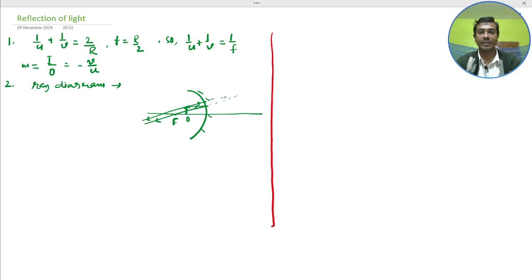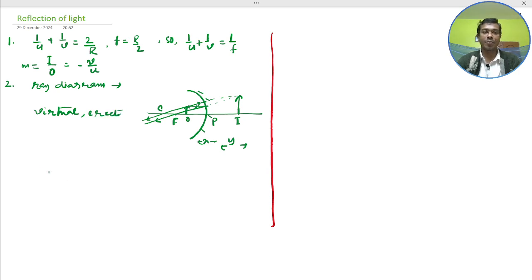Here the image would be produced. This is the pole, this is F and this is C. When the object is between the pole and the focus, the image is behind the mirror, and its nature is virtual, erect and magnified.